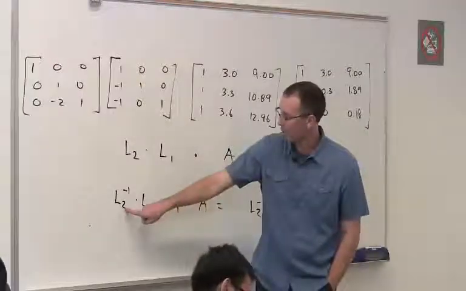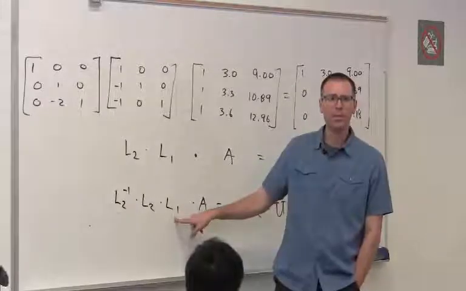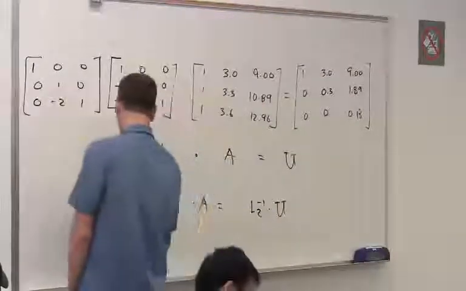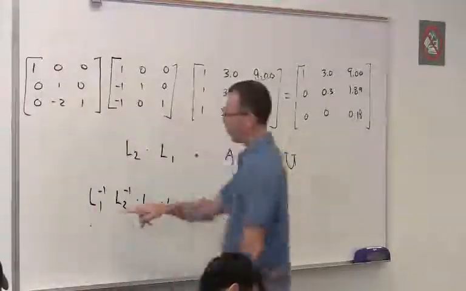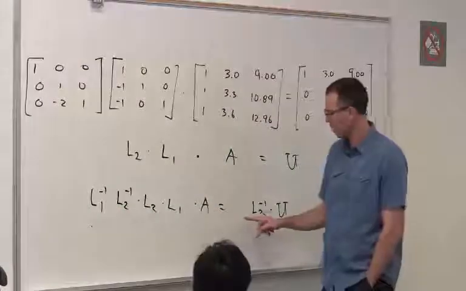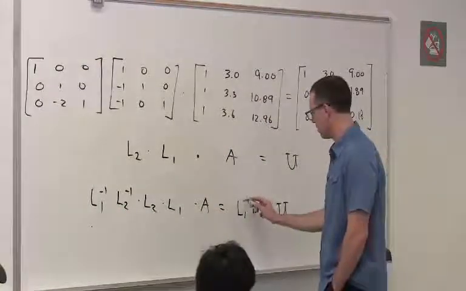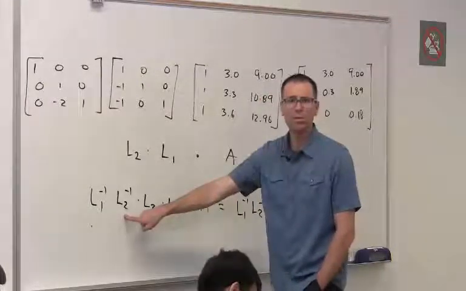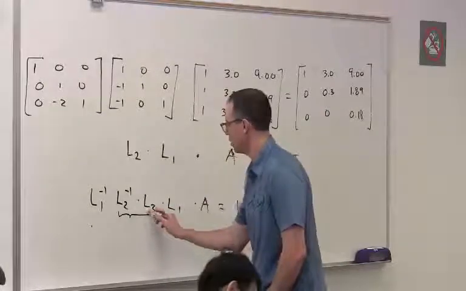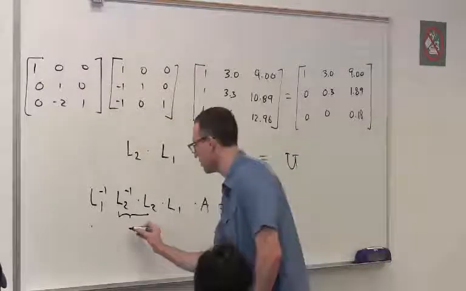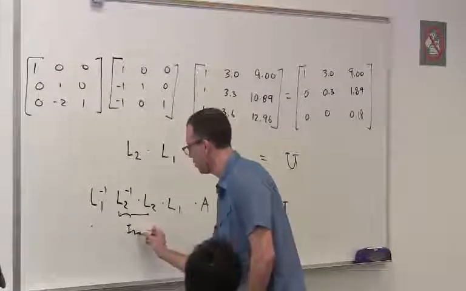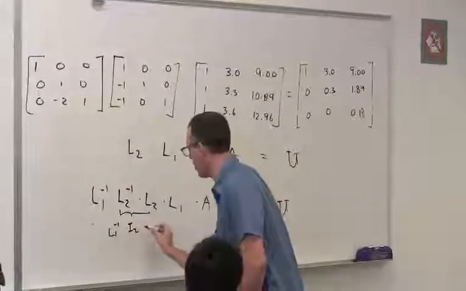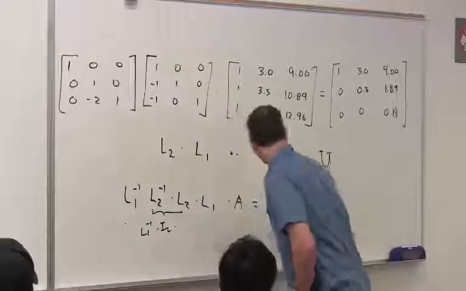Once I've gotten rid of L2, what's the next one I have to get rid of? L1. If I multiply the left-hand side by the inverse, L2 inverse times L2 is the identity matrix, so that's I2. L1 inverse times I3 times L1?